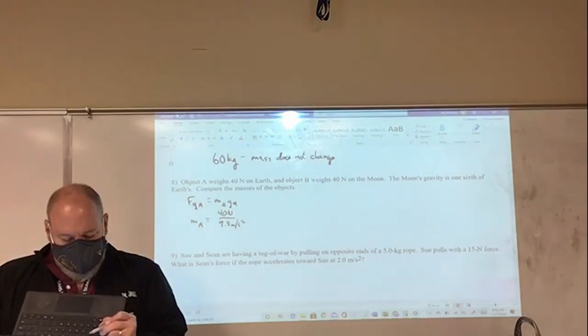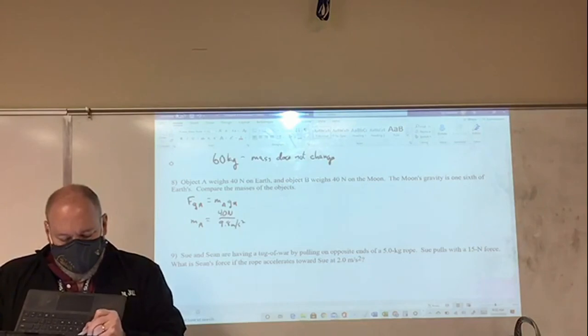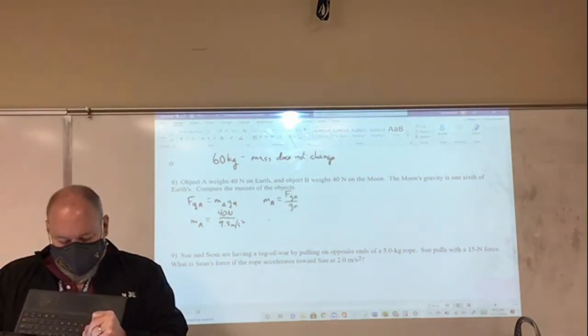And then you could do the same thing for the moon. Or you could recognize that the mass of A equals force due to gravity on A divided by the acceleration due to gravity of A, and the mass of B equals force of gravity B over the acceleration due to gravity of B.